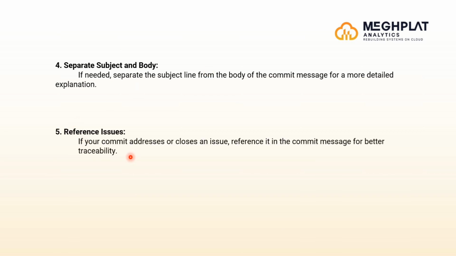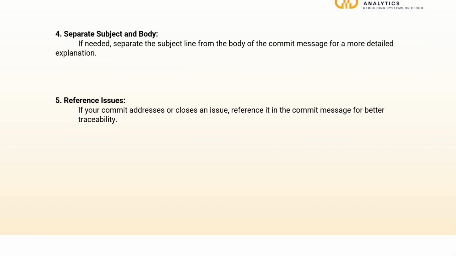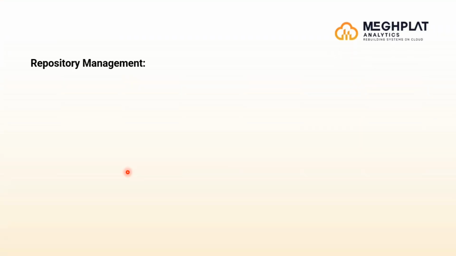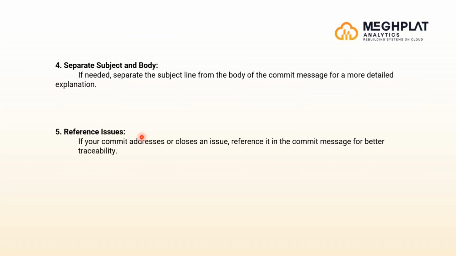Then reference issues. If our commit addresses or closes an issue, reference it in the commit message for better traceability. Let's see the commit message rules in the coming video.